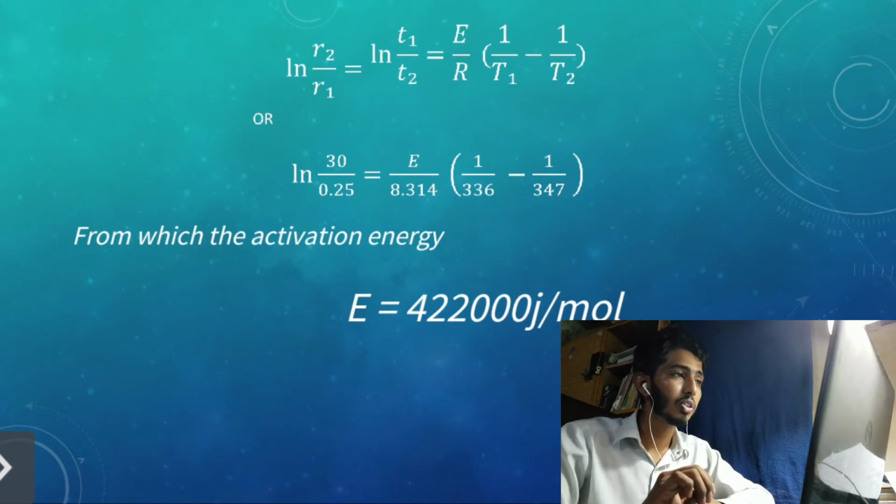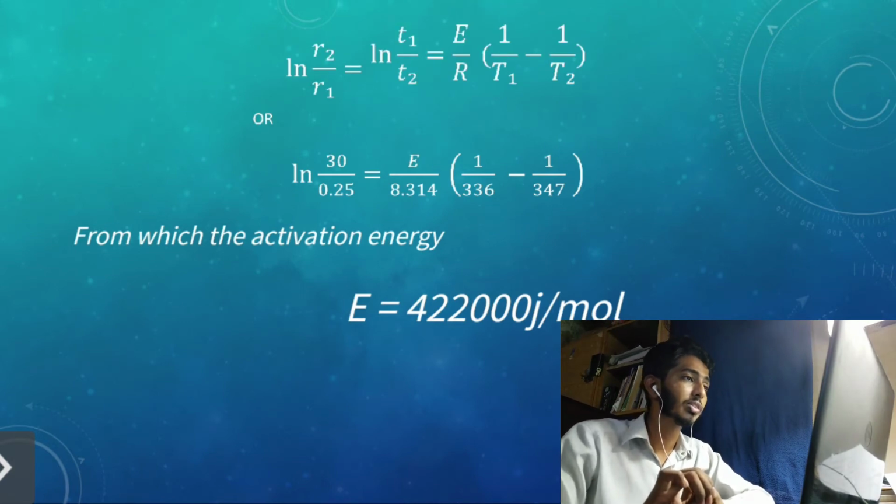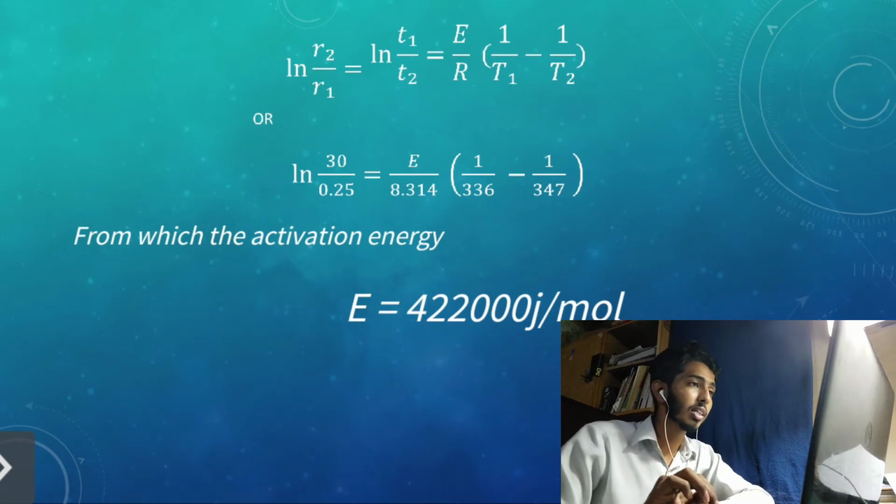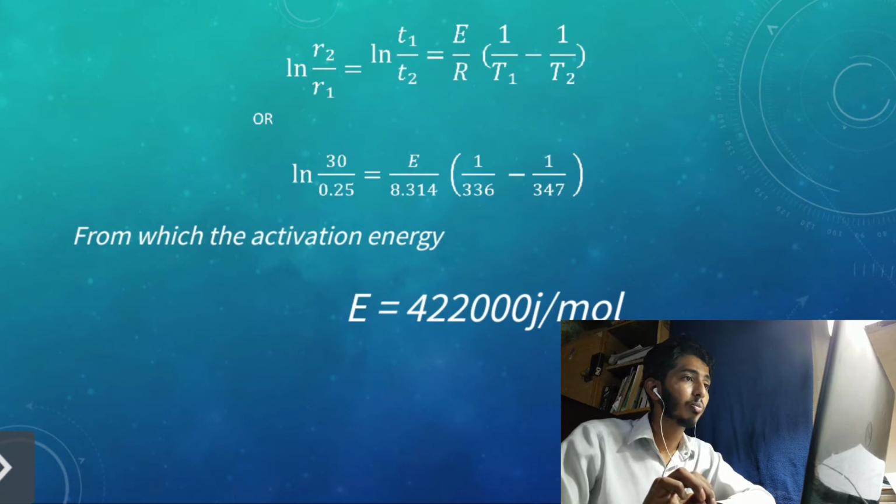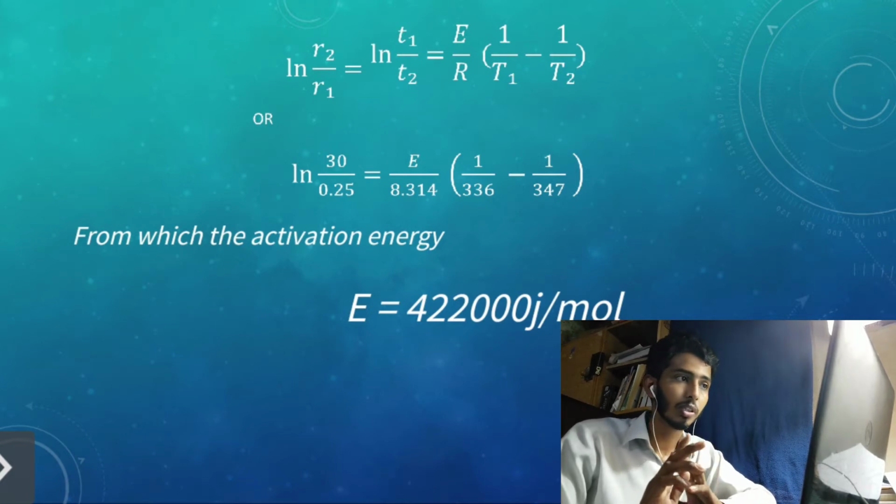Now here is the formula we discussed in the earlier slides. The formula is ln of R2 upon R1, which is equal to ln of t1 upon t2, is equal to E upon R into the bracket 1 upon T1 minus 1 upon T2.